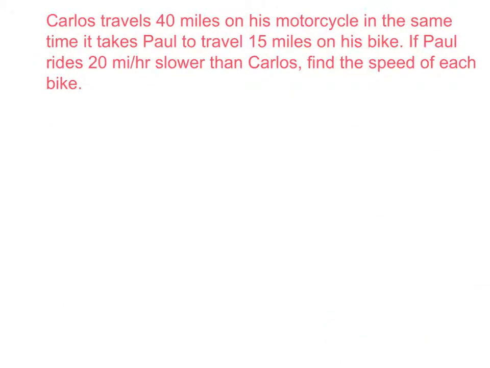Here's another example of how we can use rational expressions to model word problems. Carlos travels 40 miles on his motorcycle in the same time it takes Paul to travel 15 miles on his bike. If Paul rides 20 miles slower than Carlos, find the speed of each bike. The first thing we need to do is to organize all of the information that we have.